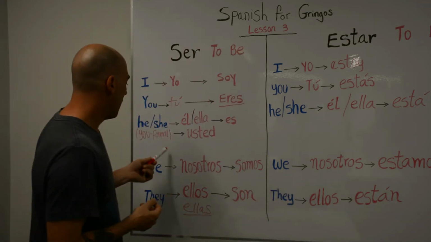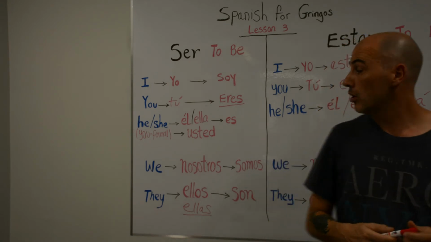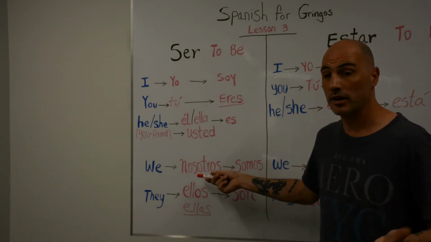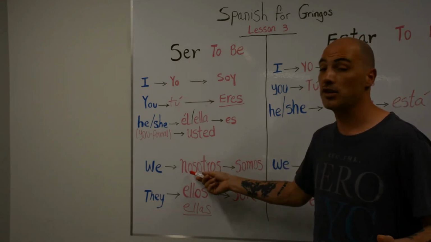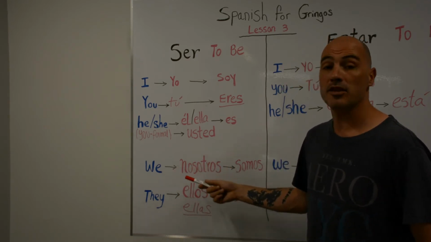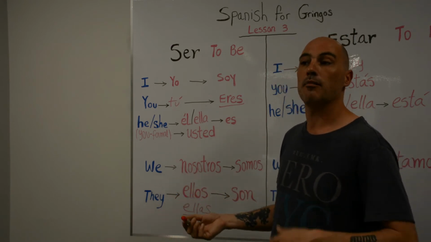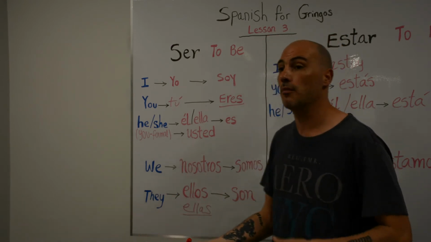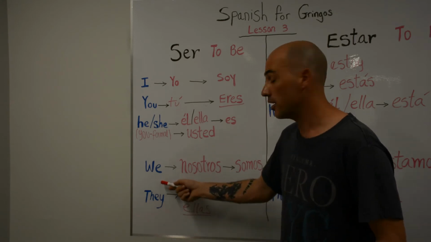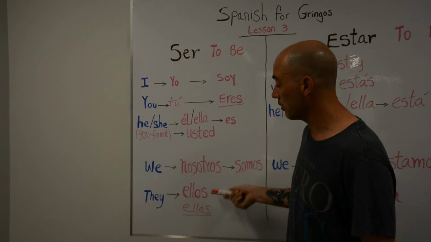So now we're going to get into we, which is nosotros. It's very straightforward. It doesn't need much of an explanation. We'll get back into conjugating things as we, because this will change depending on whether we're talking about something that's permanent, past, future, or subjective. But this is just we in general, it's nosotros.